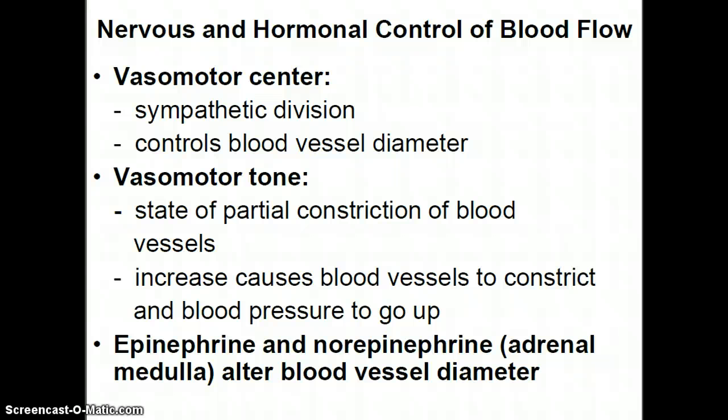Vasomotor tone is a state of partial constriction of blood vessels. When vasomotor tone increases, it causes blood vessels to constrict and blood pressure to go up. Epinephrine and norepinephrine are chemical regulators produced by the adrenal medulla, and they also alter blood vessel diameter.